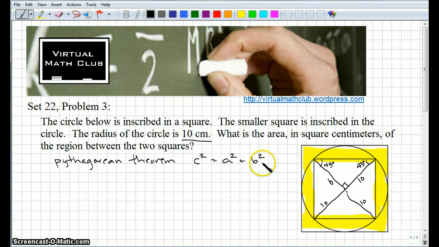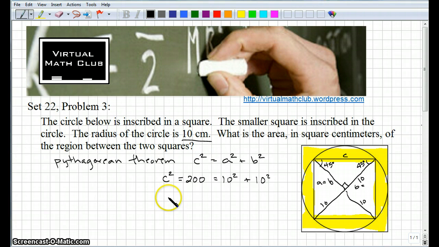So in this case the hypotenuse here is C, and we'll call this A, and this is B. A is 10, B is 10, and now we can find C. All we have to do is square those sides, so we get 10 squared plus 10 squared, and that's going to be equal to 200. And we know that's equal to the hypotenuse squared.